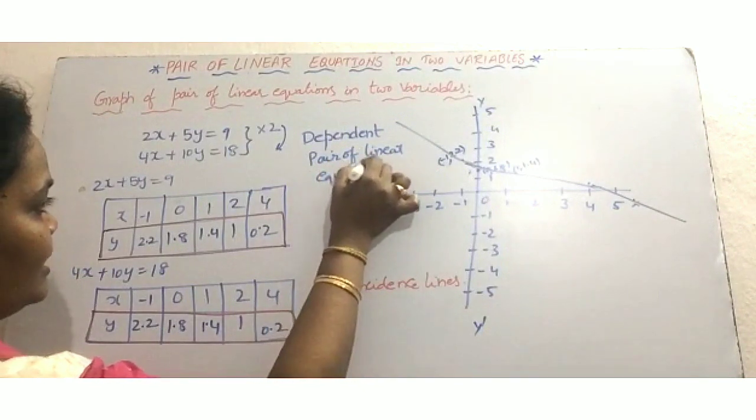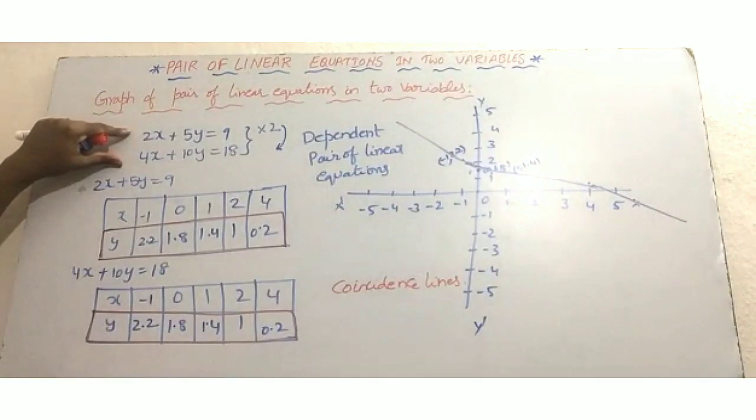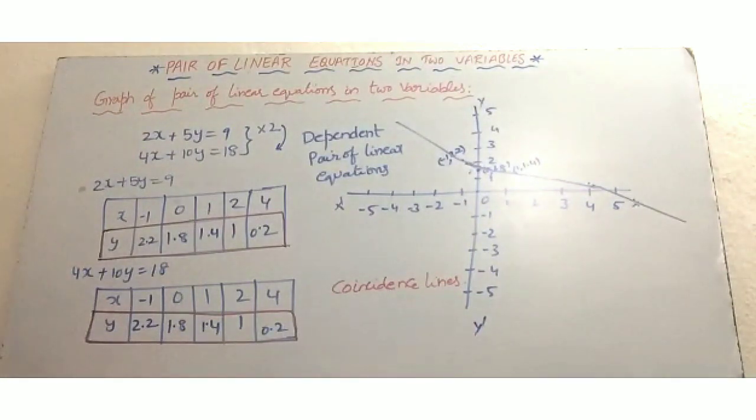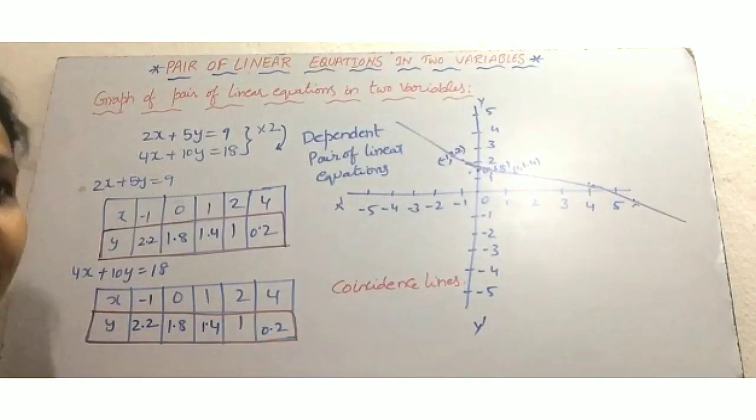If the first equation and second equation have any such relation, then these linear equations are known as a dependent pair of linear equations. So in this we have an infinite number of solutions, both have common solutions.